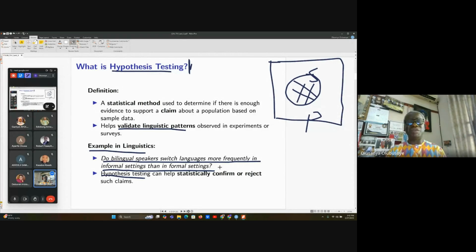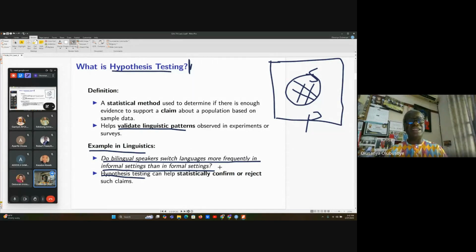We will define that place, collect the data, and say that when bilingual speakers are in this particular environment, or are made up of this particular group, they tend to switch frequently. This is a typical example of the application of hypothesis testing in linguistics.